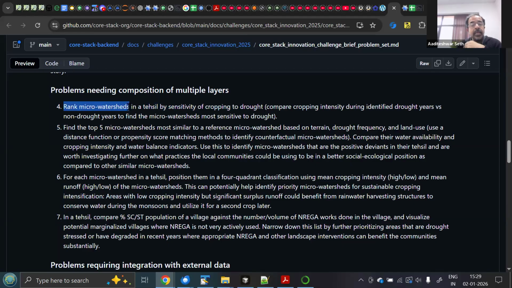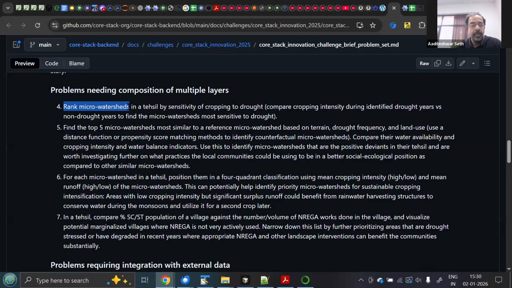In a tehsil, there'll be about 100, 200 such micro watersheds, and we can develop a ranking. This ranking can be used to prioritize which micro watersheds are more sensitive, and perhaps some kind of drought proofing should be done there in priority. Drought proofing can be done through constructing check dams and farm ponds.